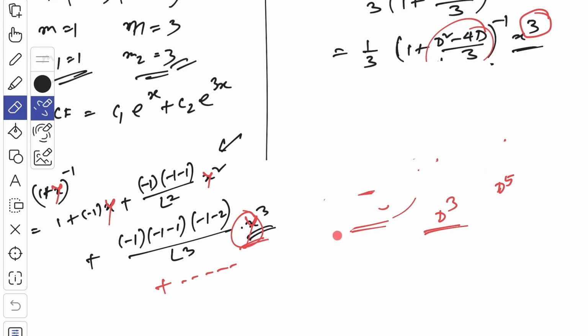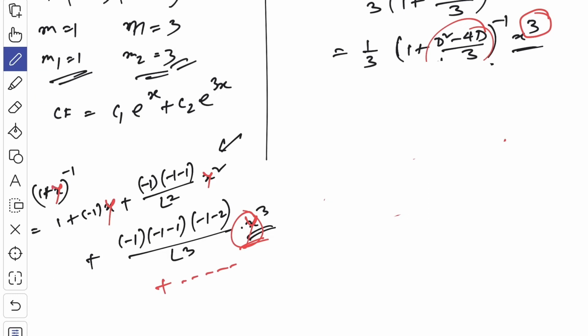Now if we expand in that way, we will get pi is equal to 1 by 3. Here first is 1, then next is minus 1 into y, and y is nothing but d square minus 4d by 3. Then the next term: this is minus 1, and this is minus 2. So this part is the next term.